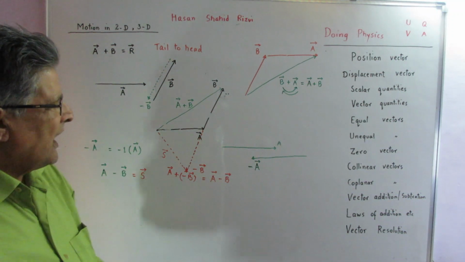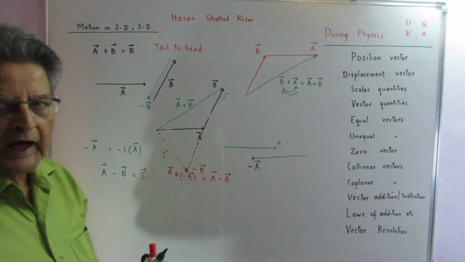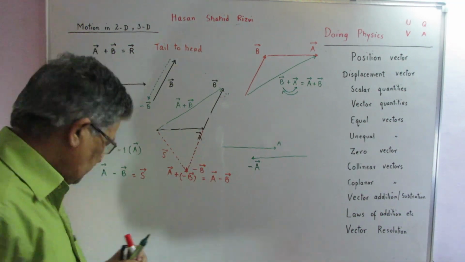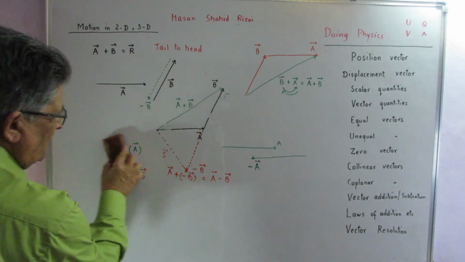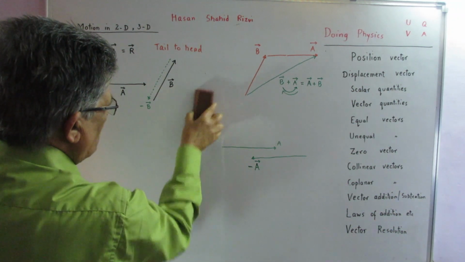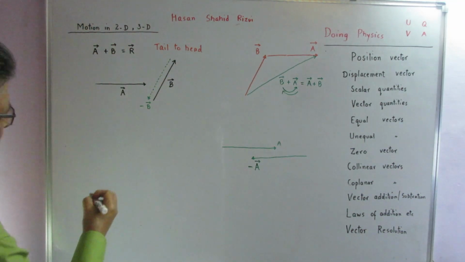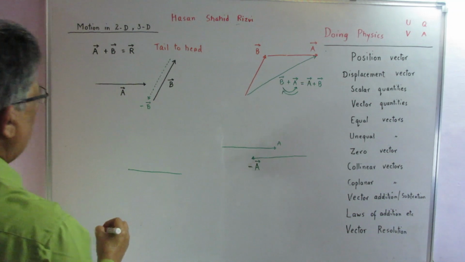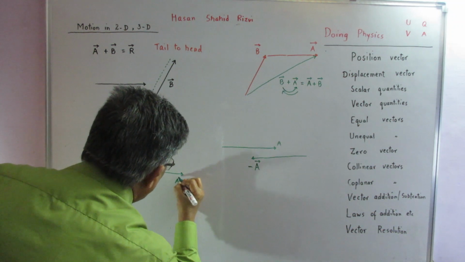Now these things I again introduce to you for the vector quantities with another rule, another law. This was the tail to head procedure, and the other procedure is again very simple, which you can understand. Now what I am going to do is take a reference point here and draw my vector A of the same magnitude parallel to the original vector.